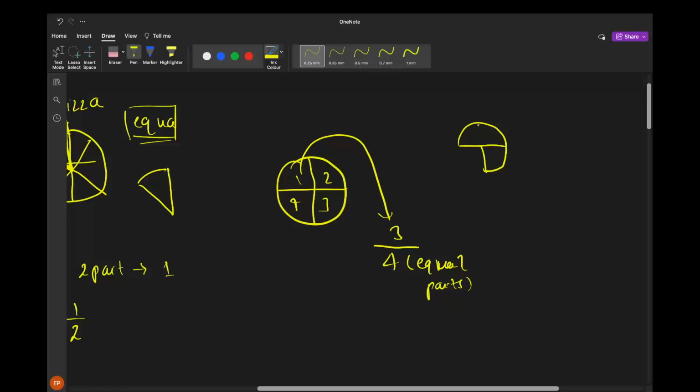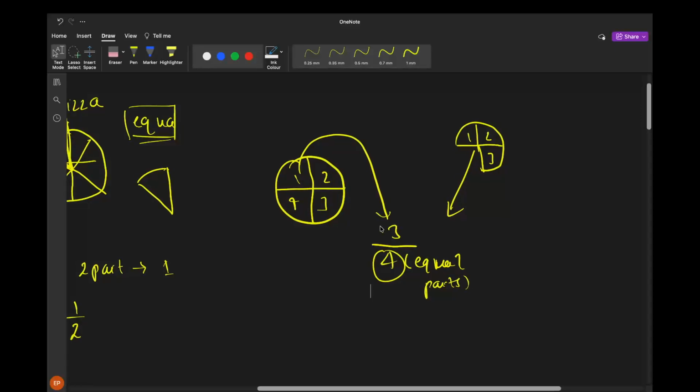Like this, right? 1 piece, 2 piece, 3 piece. So 3 out of 4. Actually equal parts are 4, and in that we are taking only 3. This is the actual meaning of a fraction.